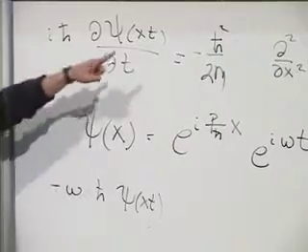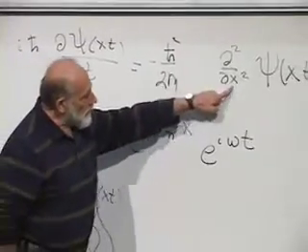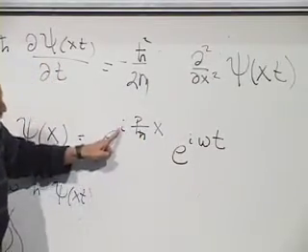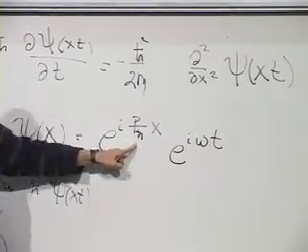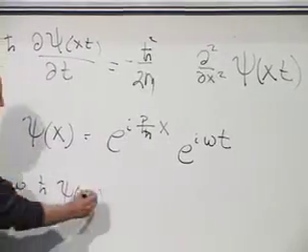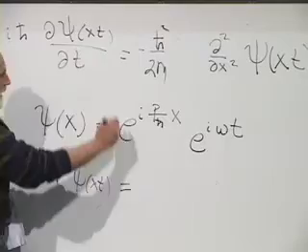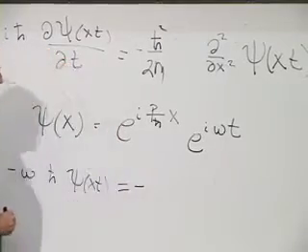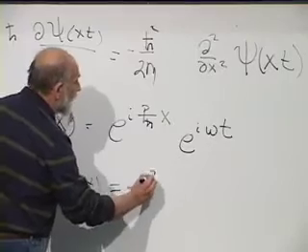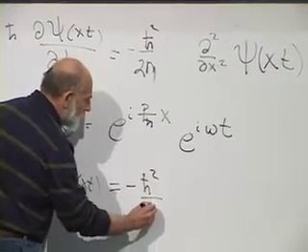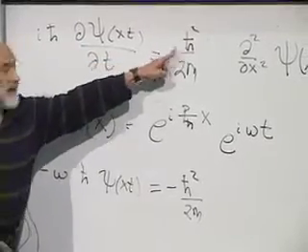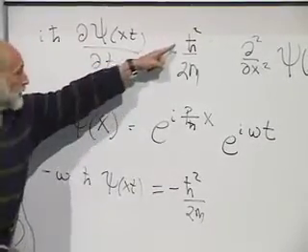Now let's look on the right-hand side. Every time I differentiate with respect to x, it pulls down a factor of i p over h bar. So let's write it all down, is equal to minus h bar squared over 2m. Incidentally, I could have canceled out a factor of h bar from here so it doesn't appear here and only appears once here.